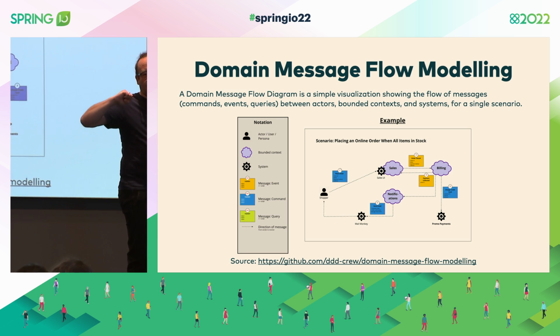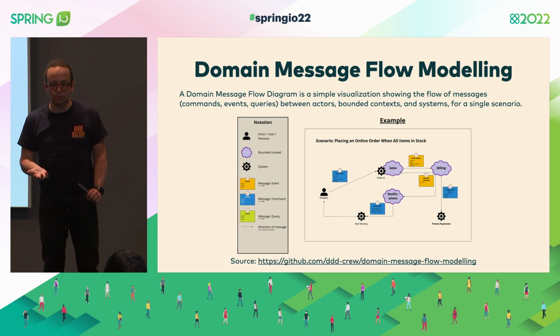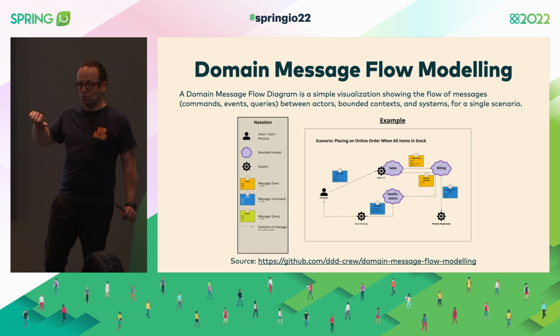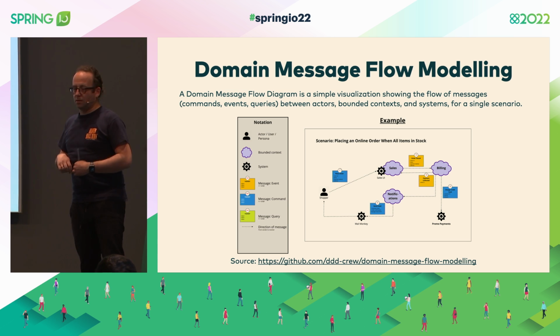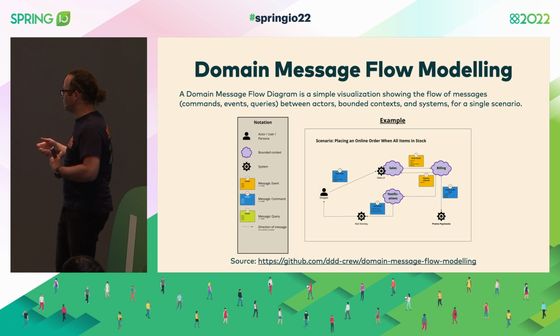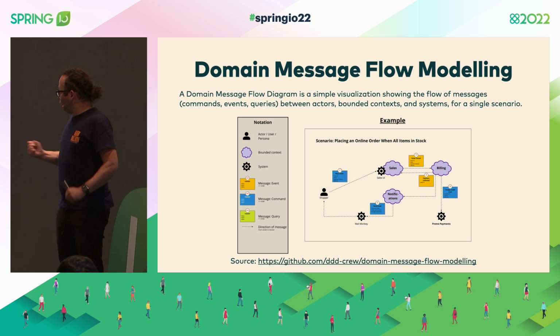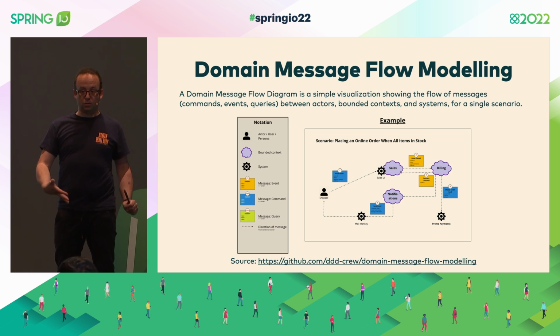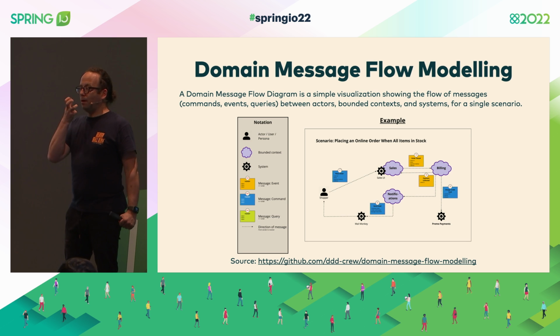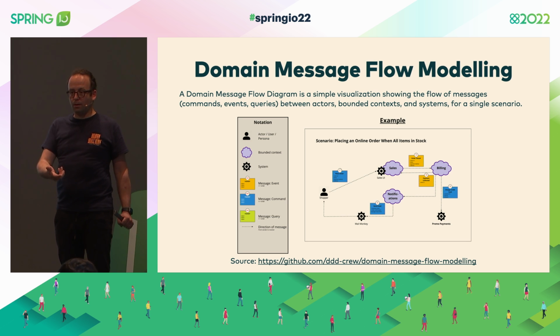You can go ahead and say, okay, let's work in a synchronous way, working a lot with queries and commands, like get requests, post requests, put requests, and stuff like that. You can model event-driven architectures with that. And you can visualize how the coupling is between those.